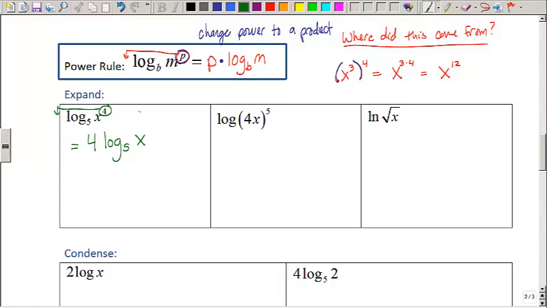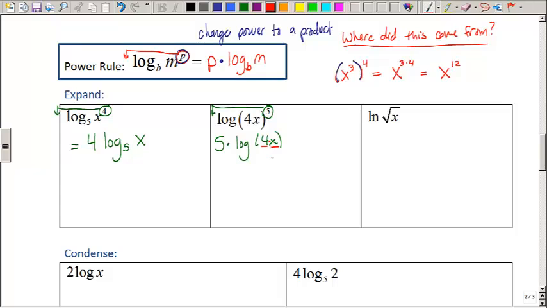Again, we're expanding, so we're trying to make this as long as possible. So I move the 5 down in front, and that gives me 5 times log of 4x. So I've used the power rule to get the exponent out of the argument. But inside this argument, it looks like I still have a product or a multiply.